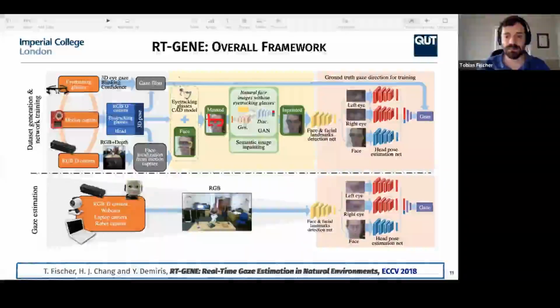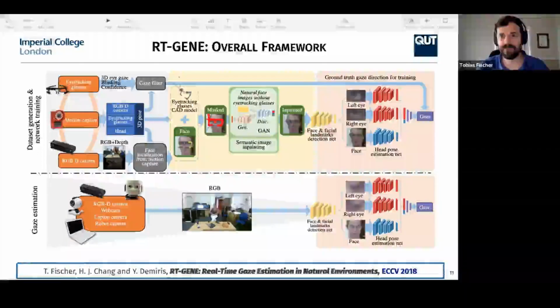So at the top you see the training pipeline, which is quite complicated with those eye tracking glasses and the generative retrieval network, and then finally the gaze estimation network. However, at inference time, at the bottom, all you require is an image where a person is present and the head is visible.